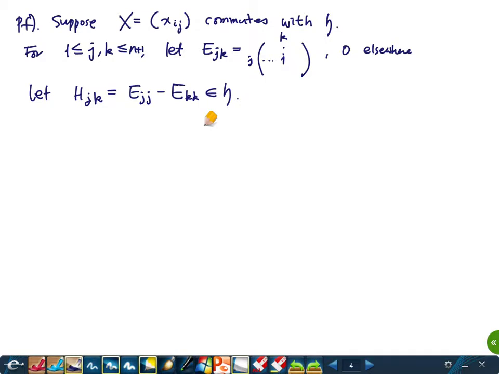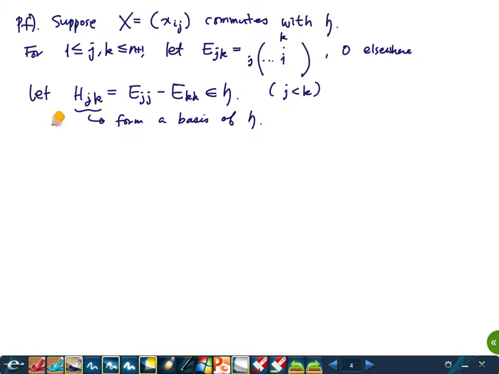So in fact, if j is less than k, these form a basis of H. So the dimension of H is n, because the sum of diagonal entries is 0.